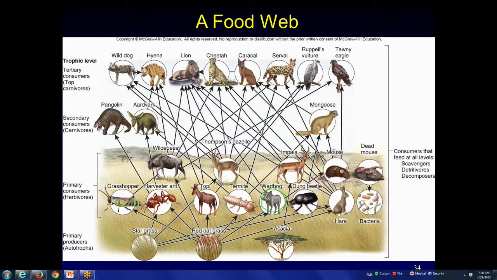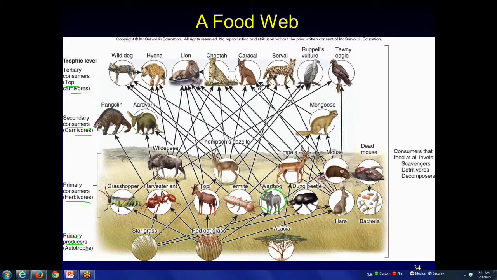It even shows here the mouse maybe eating a piece of it once it dies. So that's a very complicated interaction. But you can see you have your primary producers, your autotrophs at the bottom. You can see you have your herbivores. Then you have your secondary consumers, your carnivores, and then your top carnivores at the top, like the hyena.